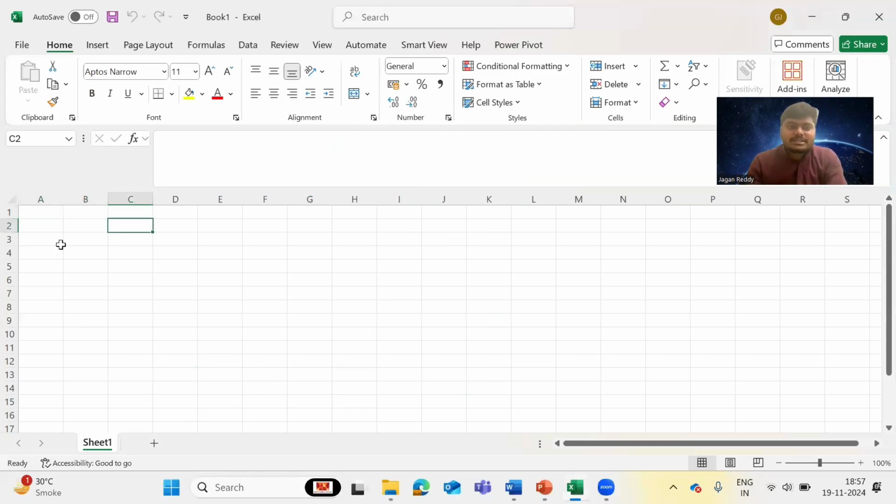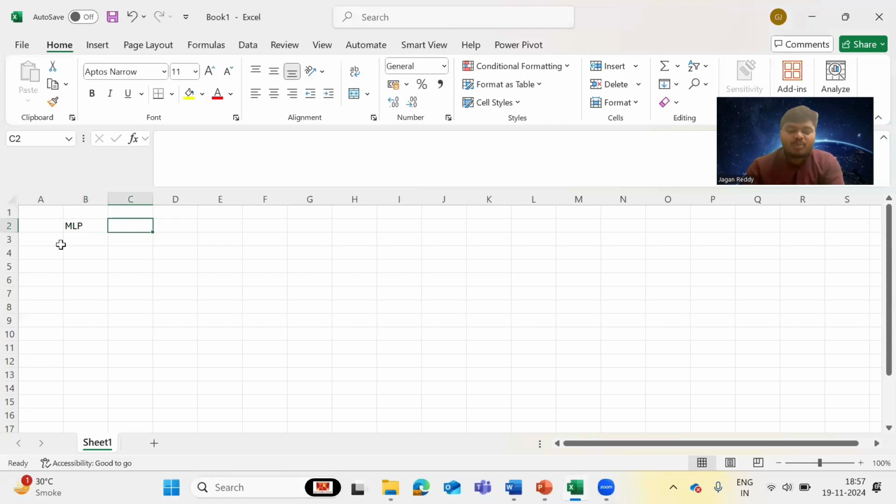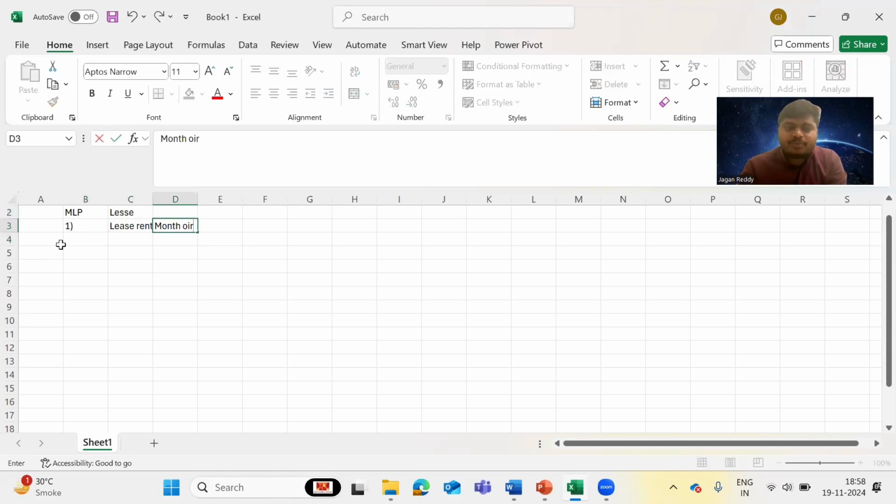So now I'm going to discuss MLP, minimum lease payments. From the point of view of a lessee, what are the lease payments paid by the lessee to the lessor? The first one is lease rentals. He may pay every month or yearly. This should be considered in the lease payments.